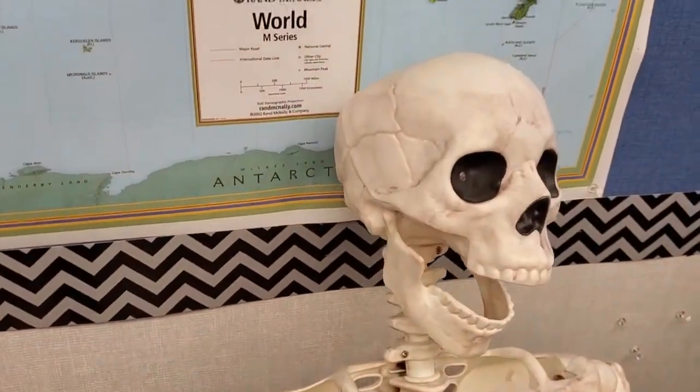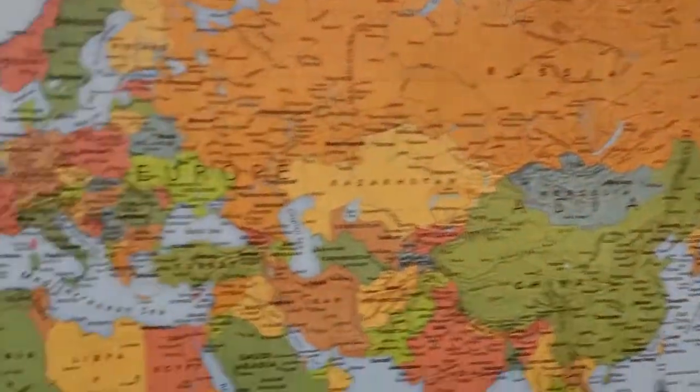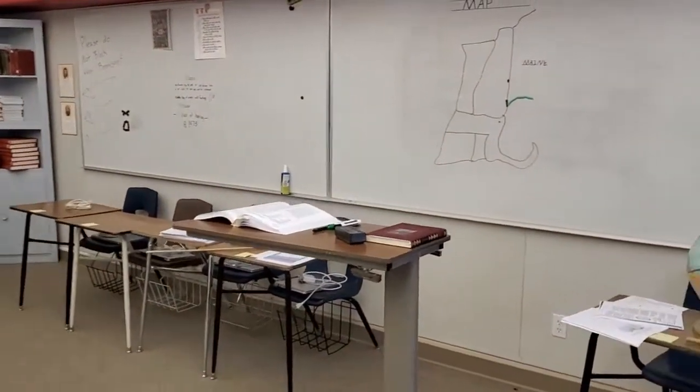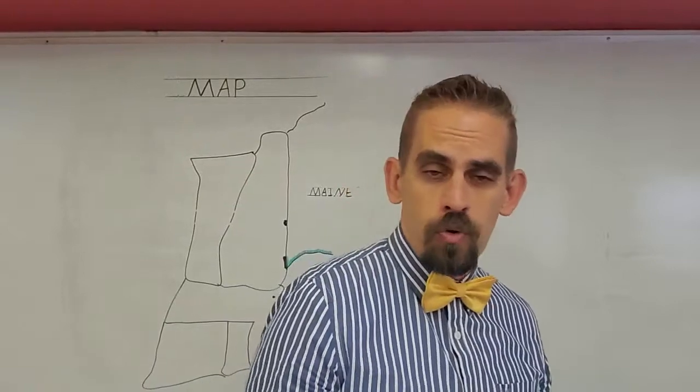Hey Jim. What do all those lines mean? Uh-oh. What do they mean and why do we have them? So we're going to do some basic map reading skills and globe reading skills. We want to figure out what they mean, their significance, why we have them, and what we use them for.